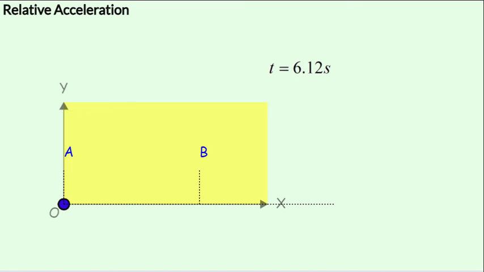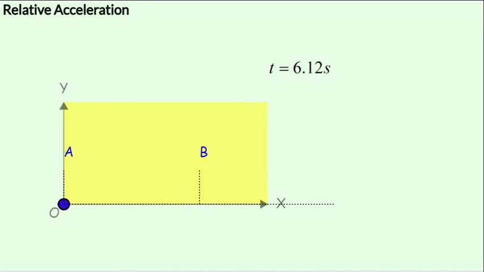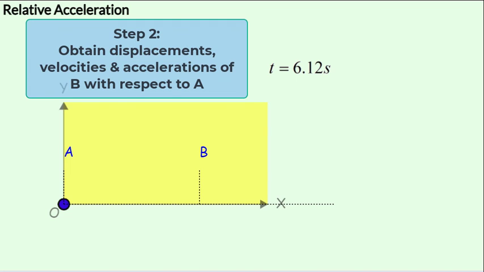So you can see that with this approach, the first step is to fix the frame of reference to A and assume that A is stationary. The second step is to obtain the measurements of displacements, velocities, and accelerations of B with respect to A, which is nothing but their differences from the ground frame of reference.